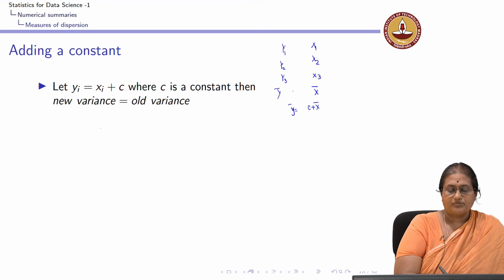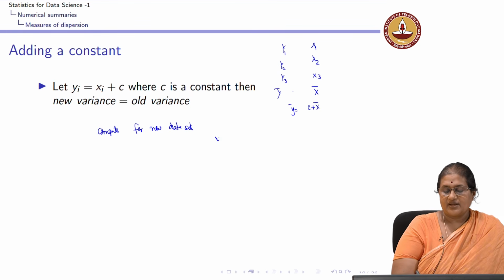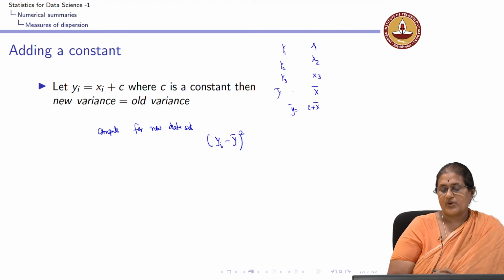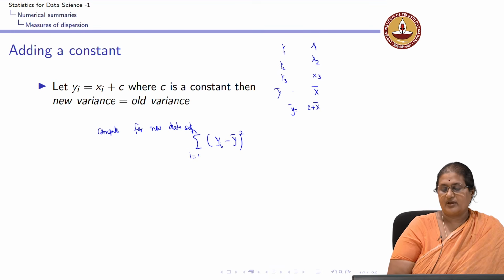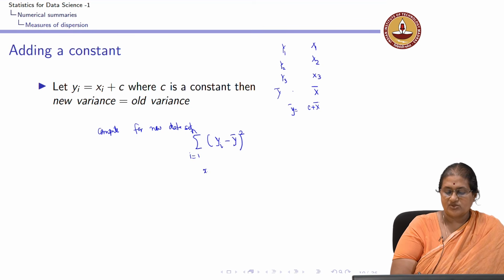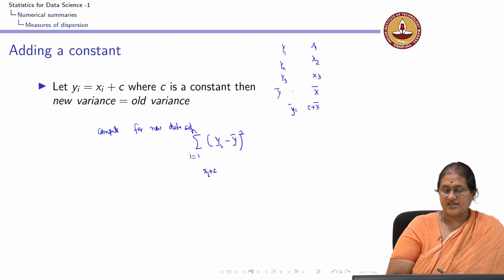So now when I compute the variance for the new data set, I get the summation of yi minus y bar whole square. This is my numerator, with i going from 1 to n. Each yi is xi plus c, and y bar is x bar plus c.